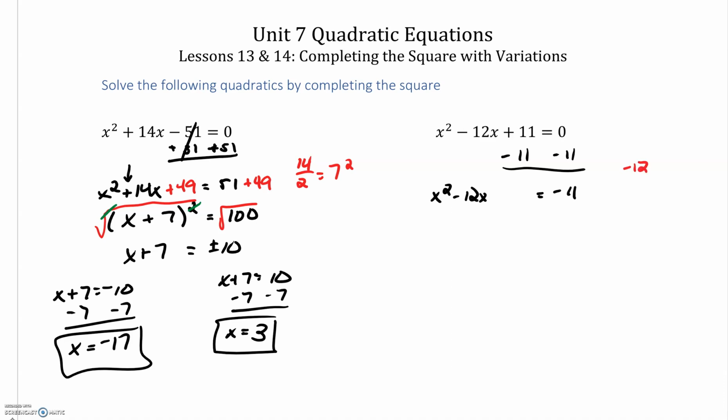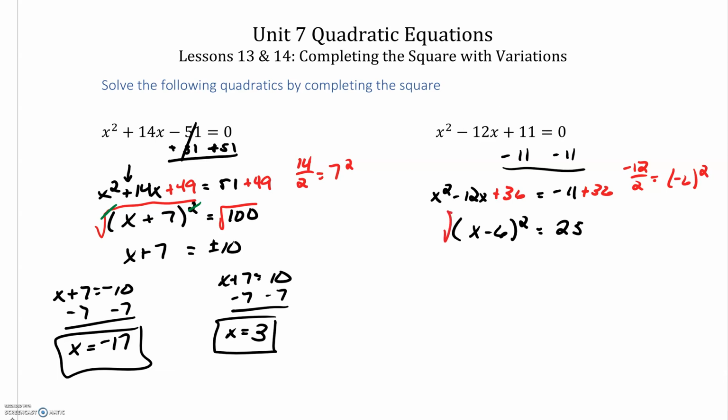I take the negative 12 divided by 2 is negative 6, and I have to square that. That is positive 36, so I'm going to add 36 to both sides. That makes my trinomial on the left a perfect square trinomial that factors to x minus 6, the quantity squared, is equal to negative 11 plus 36, which ends up being 25.